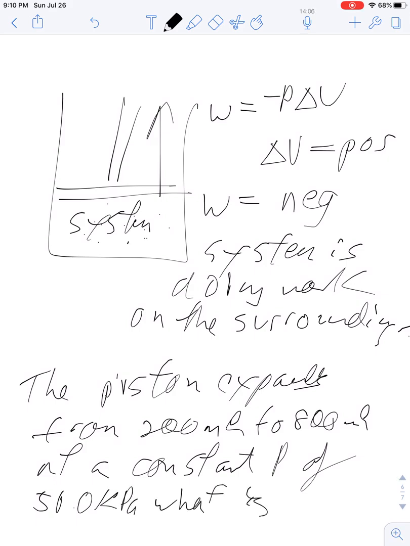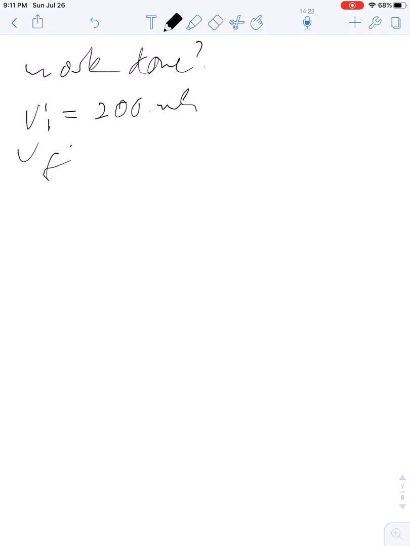What is the work done? So these problems may seem easy, but they're actually more difficult than you think. So the initial volume is 200 mils. The final volume is 800 mils. My pressure is 50 kPa.